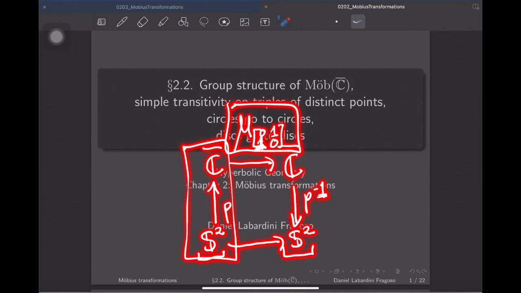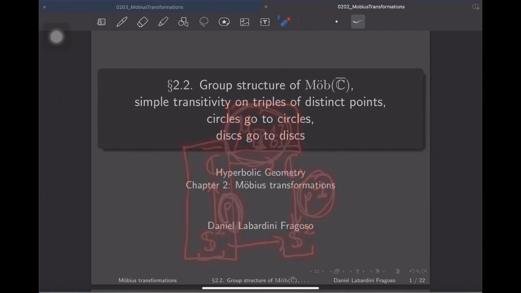And then I left as an exercise that you show that this is indeed the case, and that could be done by just following the formulas of this one and of this one, and the inverse of P. And then finally what we saw is that every Möbius transformation is a composition of standard examples together with z goes to 1 over z, and hence every Möbius transformation sends circles to circles.